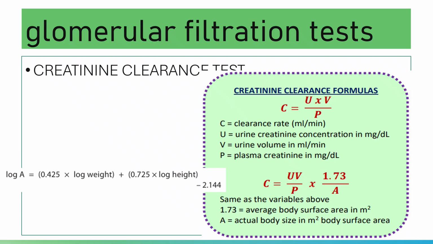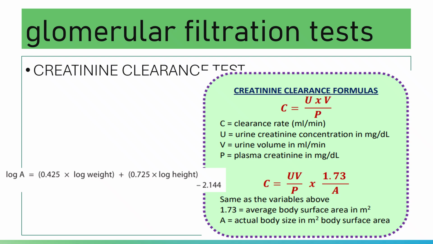You have here the formula for creatinine clearance: C equals U times V over P. Your C here is your clearance rate in ml per minute. U is your urine creatinine concentration in milligrams per dL. V is your urine volume in ml per minute.